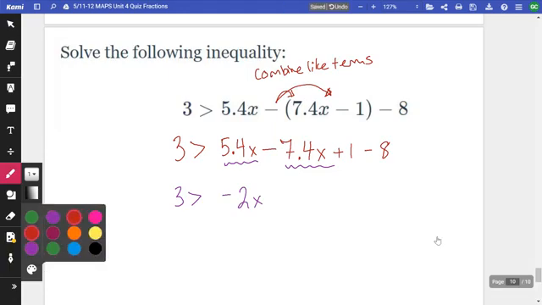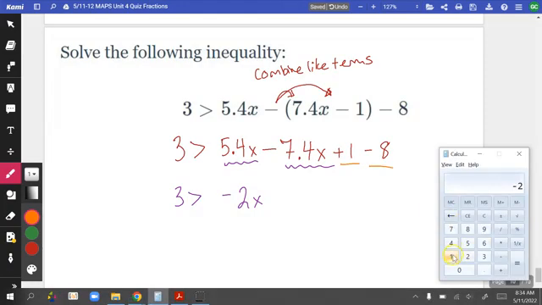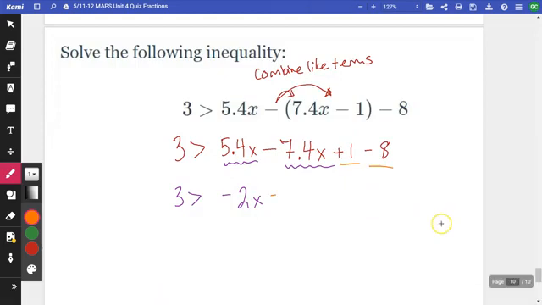And we can combine the like terms again with positive 1 minus 8. 1 minus 8 is going to be negative 7. Well, let's check. 1 minus 8. Negative 7. Now what do we need to do? We can add 7 on both sides. And these can cancel out. 3 plus 7 is 10. Is greater than negative 2x.